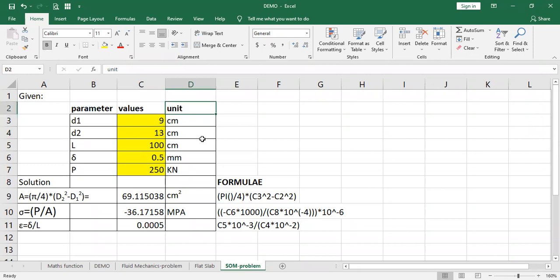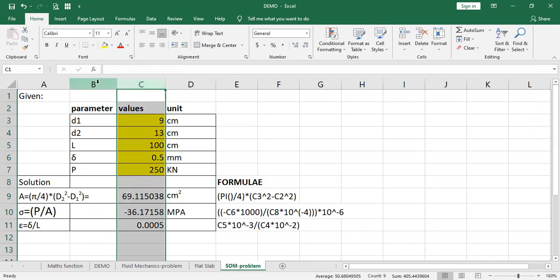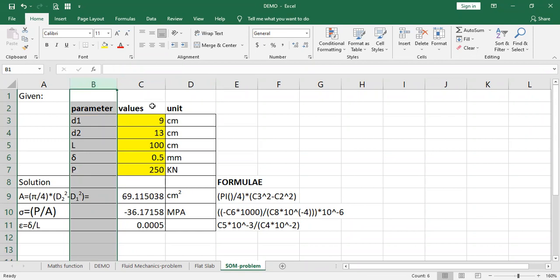You can see all the units have been marked in a different column, values are in a different column, while parameters are in different columns. Yes, so these are the things.